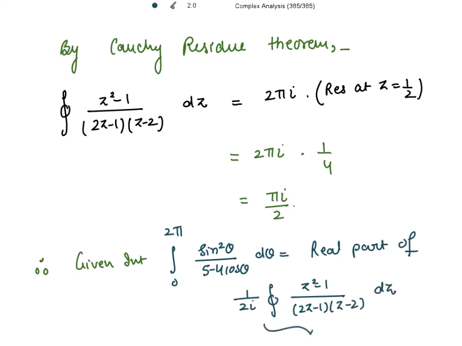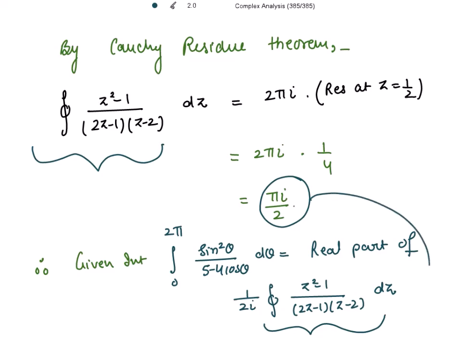And we have found the value for this integral to be pi iota by 2. So now writing this value in place of this integral.